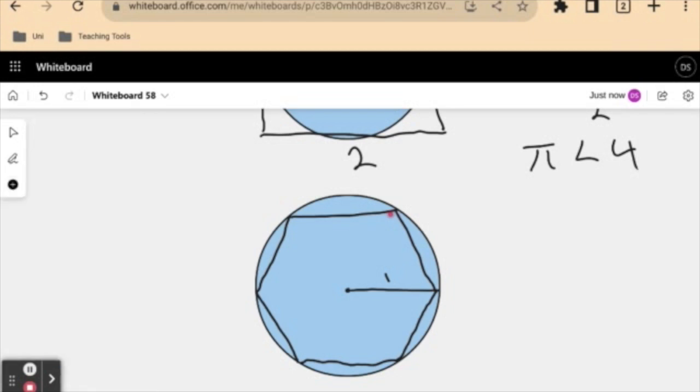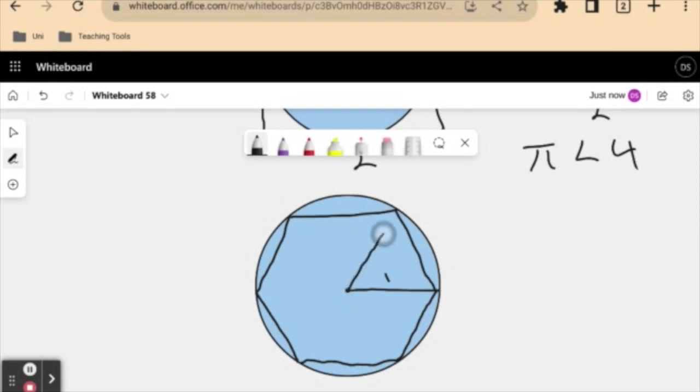If I were to just break this hexagon up into 6 little triangles, my entire angle sum here has to be 360 degrees.